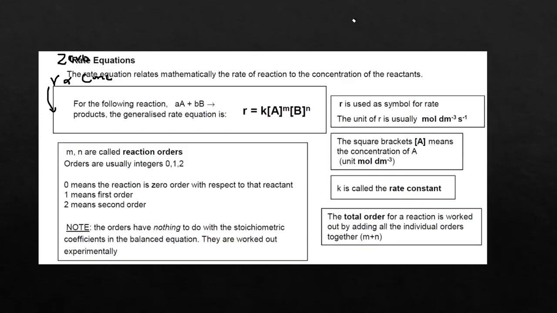or for a zero order, if we double the concentration, the rate will remain the same. Like if I say originally the rate was 2 at some concentration.